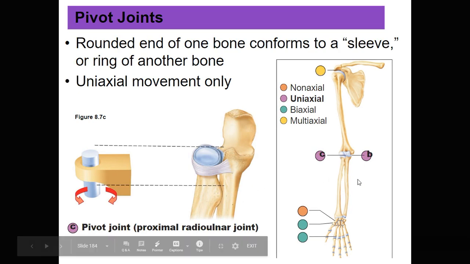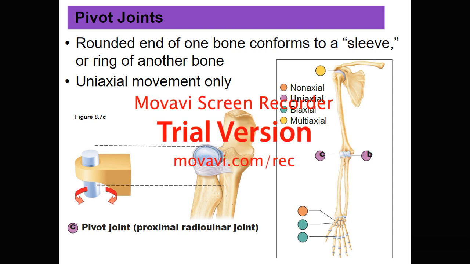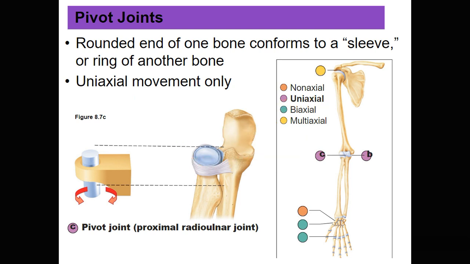All right, so pivot joints are also uniaxial movement. Remember we talked about the ulna and radius. When you go from supination to pronation, from your palms up to your palms down, the radius is rotating over the ulna. Remember we talked about pivots.